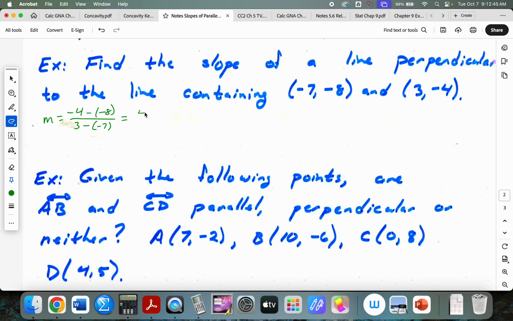So that'll be +4 over +10. Always reduce your fractions before going on. So that's 2/5. So the slope of the perpendicular, I'm going to change the sign, so it'll be negative, and take the reciprocal, it'll be 5/2.